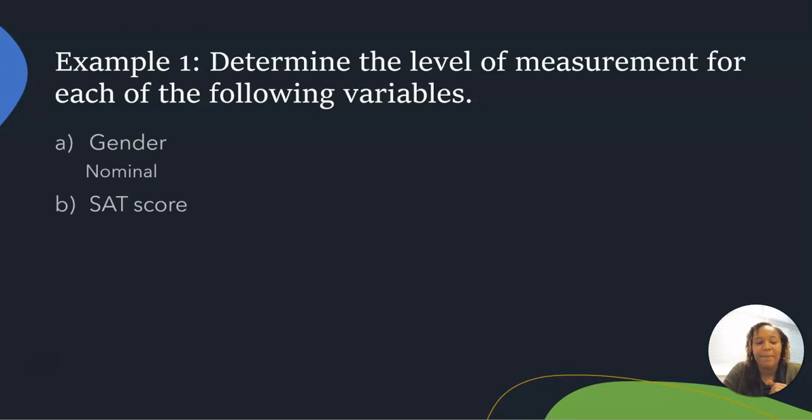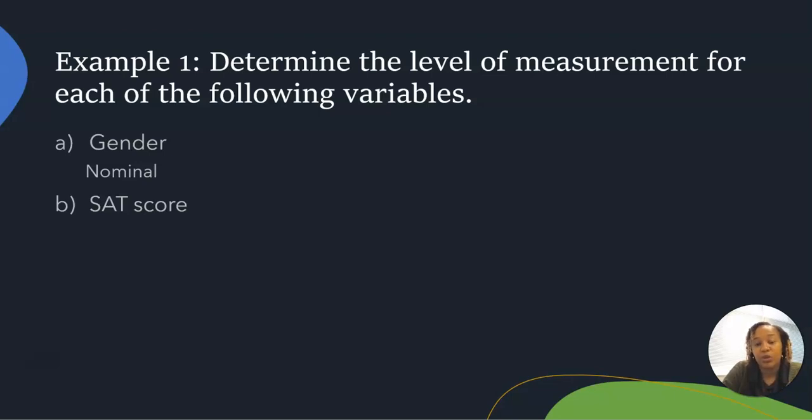All right. SAT score. So think about those. Those are numbers, and if you were to subtract the numbers from the SAT score, it means something. So if somebody scored a 1400 and somebody scored a 1200, the difference is 200. That means something.